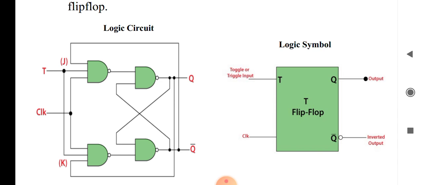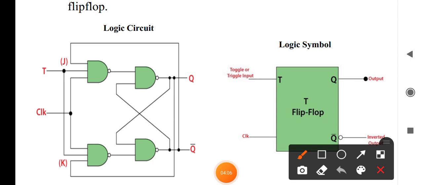If you apply the clock also, if the clock is 1 and T is equal to 0, then you can see this is 0 and this is 0, and this becomes 1. 1 into 0 is 0, 0 complement is 1.